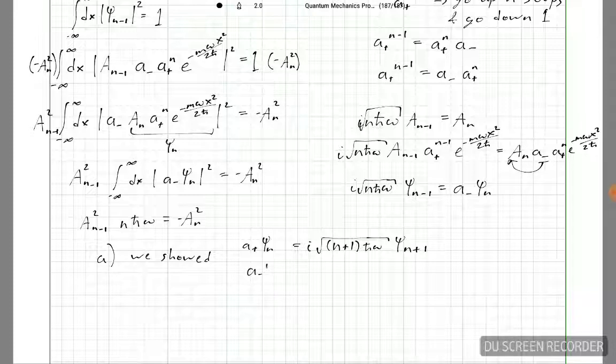So we showed the scaling factor if we apply a raising operator, and we also showed the scaling factor if we apply a lowering operator.